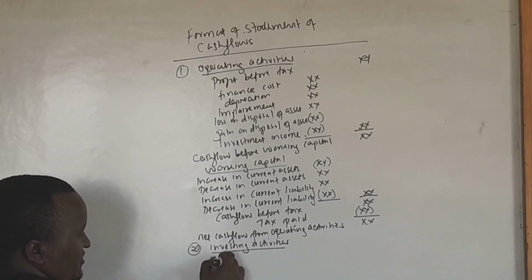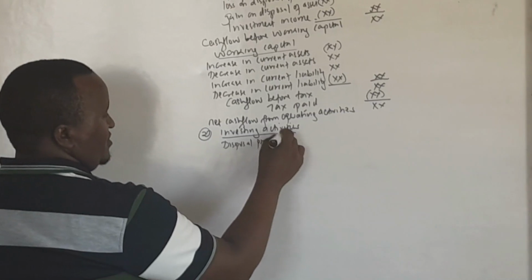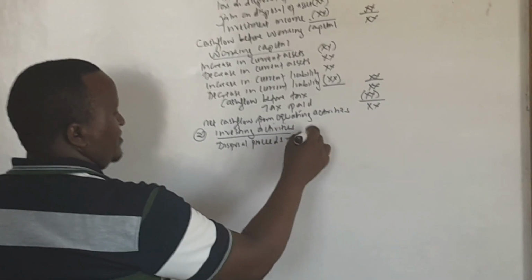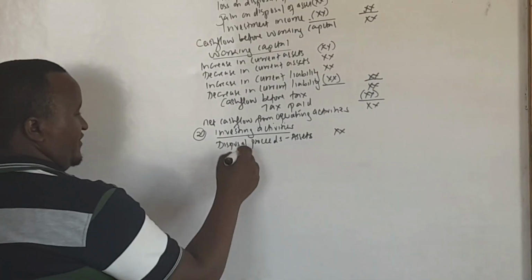And we have the disposal proceeds of assets, the assets that we sell. Then we have investment income.